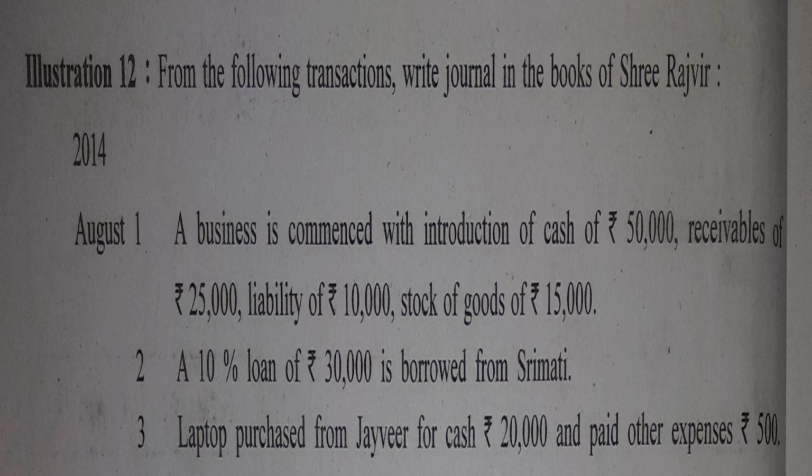Whenever business is commenced, whatever is brought by the owner, let it be cash or in the form of asset, is always termed as capital. You know this very well. Now what comes in the business? Firstly cash, then receivables, which you can also consider as debtors. Then a liability, which you can consider as creditors, and stock of goods. Let us see what the journal entry for this is.